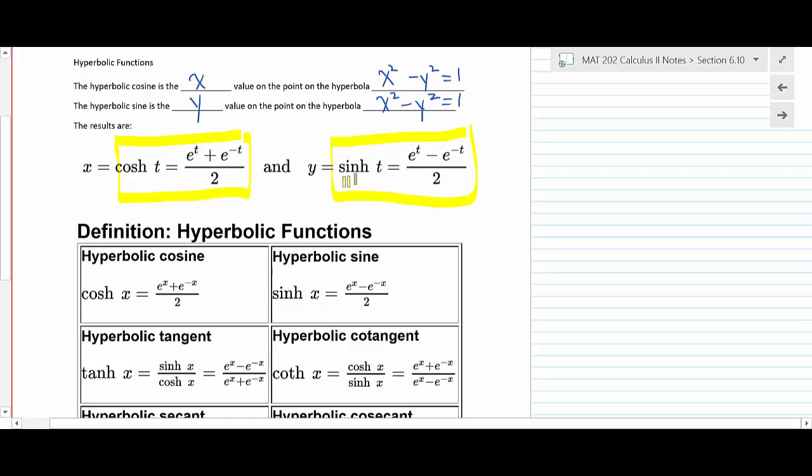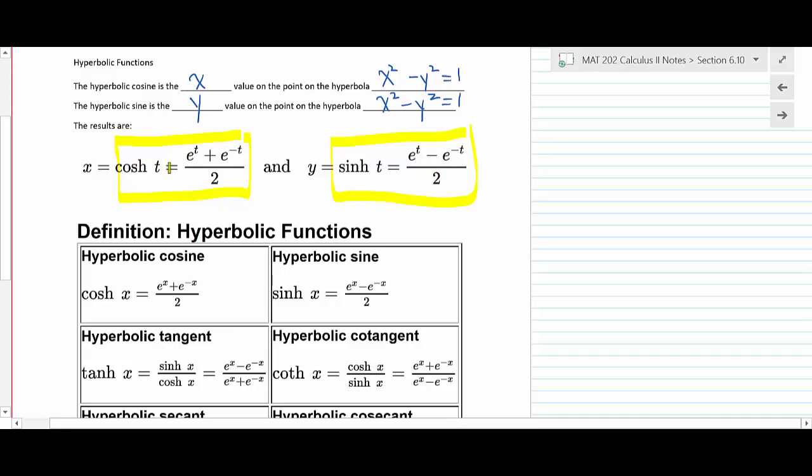The sinh is e to the t minus e to the negative t over 2. I don't derive that for you in class, but you want to get familiar with it. Really, in this section, that is what you've got to remember. Study and remember those definitions. They're very close to each other: the sinh has the minus, the cosh has the plus.